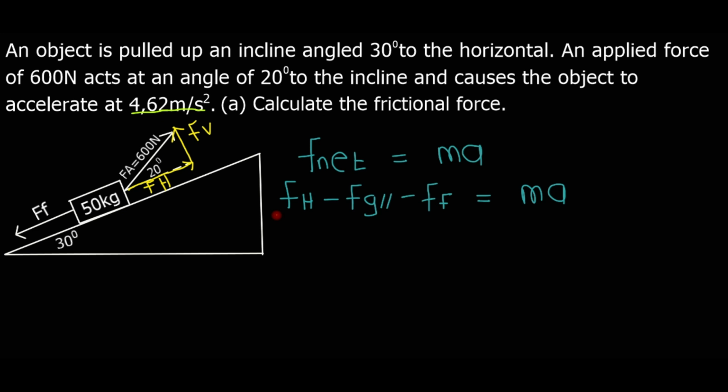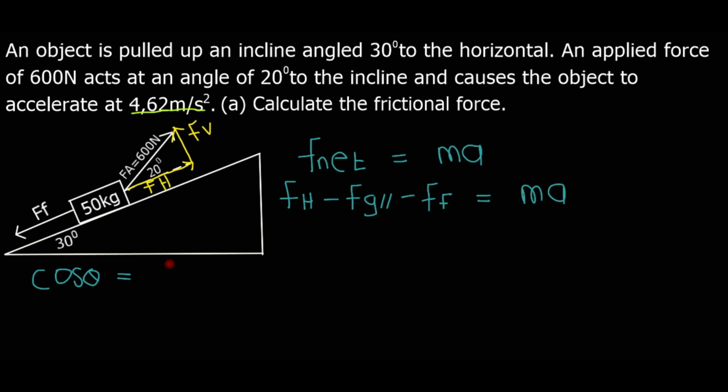But we need to find F horizontal. So first create F horizontal. Use this right angle triangle, because we only want F horizontal. Use this angle, because this angle is between this force and the horizontal. So now we use a trig ratio: cos theta equals adjacent over hypotenuse.